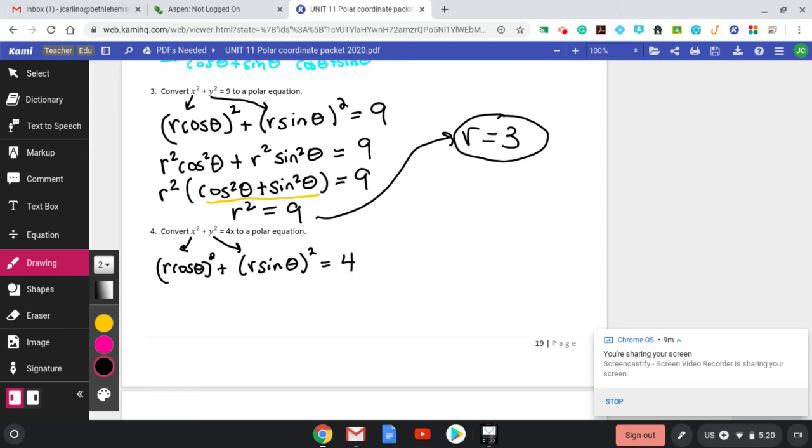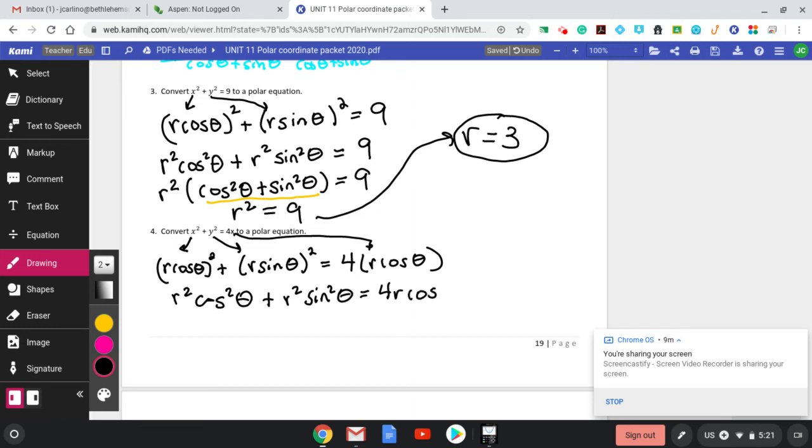Another plug-in: r cosine theta. Okay, here we go, guys. r squared cosine squared plus r squared sine squared. This over here, 4r cosine theta. That was it.